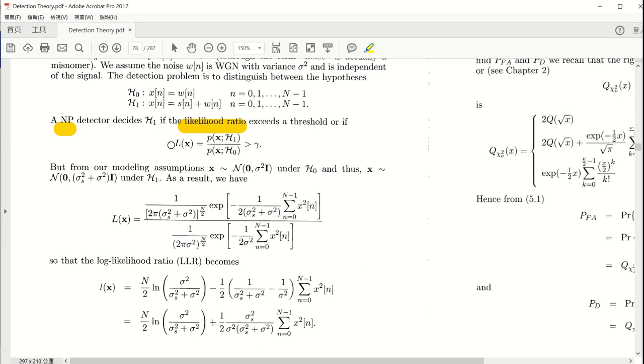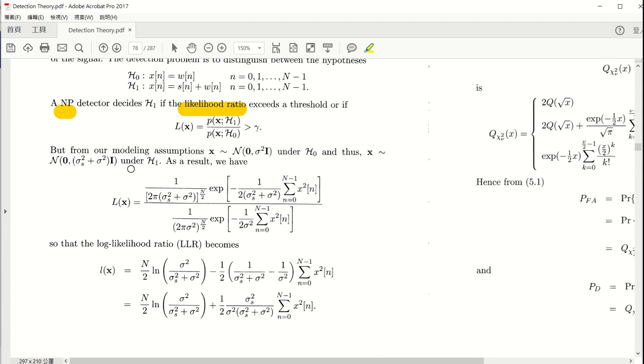The likelihood ratio L of X is the probability density function of X conditioned on H1 over the probability density function of X conditioned on H0, and then we set it to be larger than a threshold gamma.